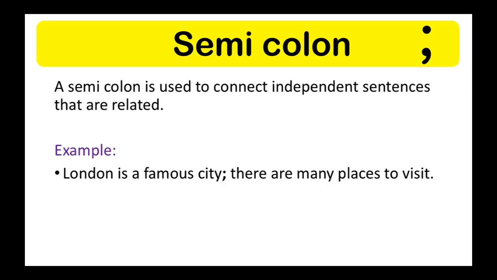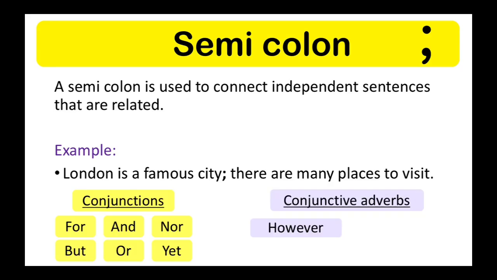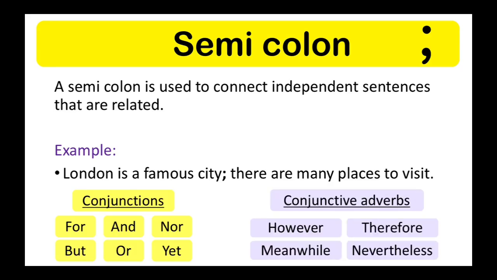So, if the conjunctions are for, and, nor, but, or, yet, then we use a comma. If you use a conjunctive adverb, for example, however, therefore, meanwhile, nevertheless, then we use a semicolon.